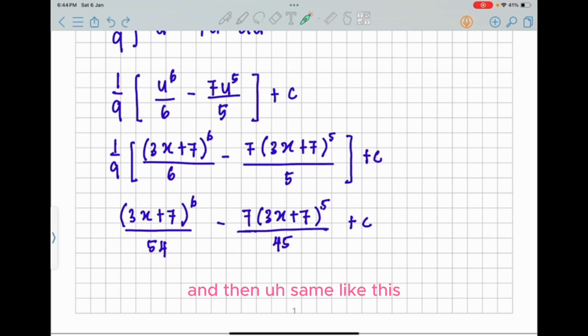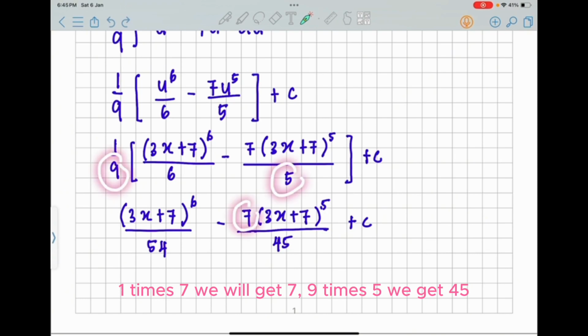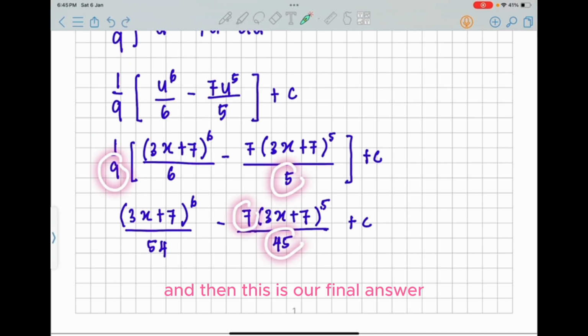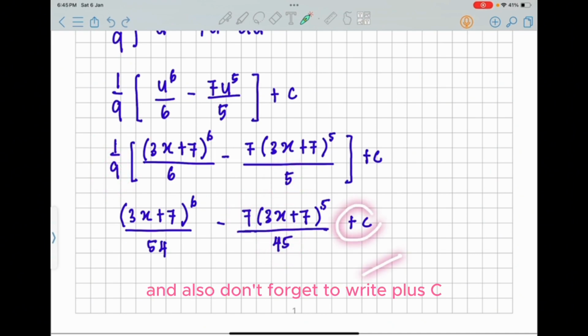Same here: 1 times 7 we get 7, 9 times 5 we get 45. And this is our final answer. Also don't forget to write plus C.